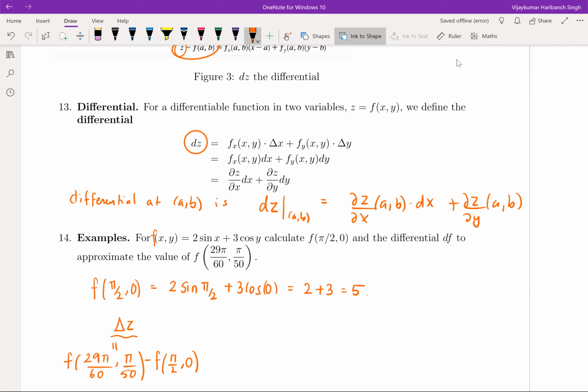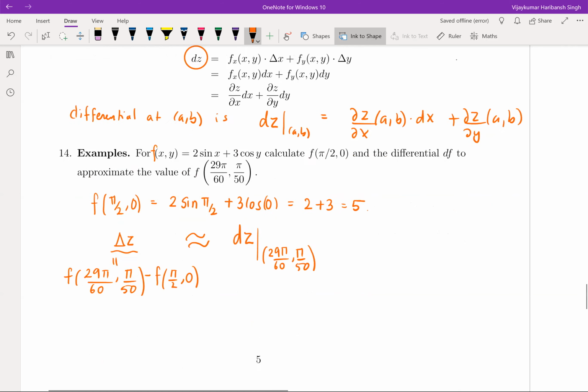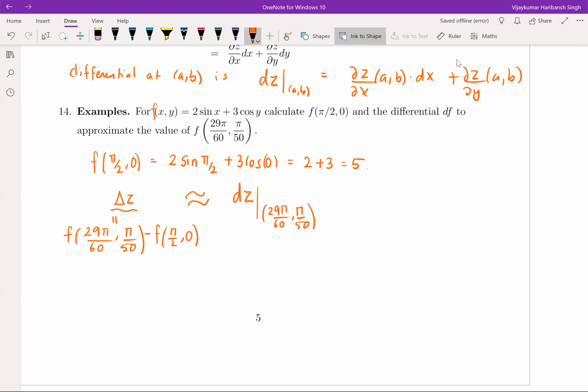This is what we want to compute, and it can be approximated by dz, again dz at (29pi/60, pi/50). Once we find the approximation for delta z, which is the increment, we can find out the value.